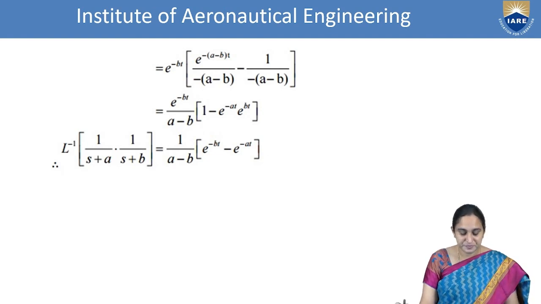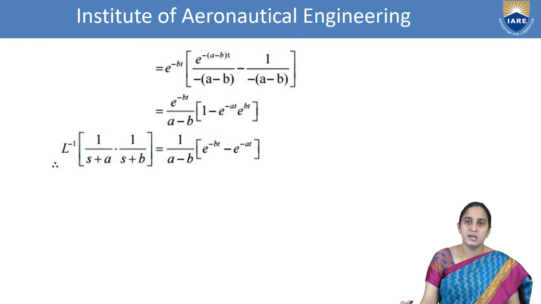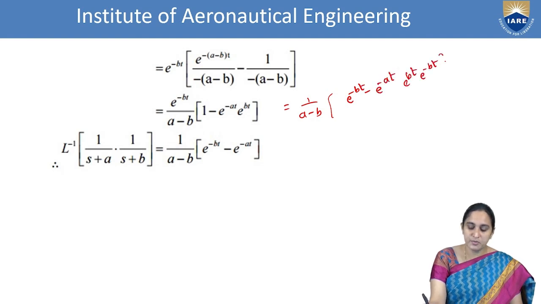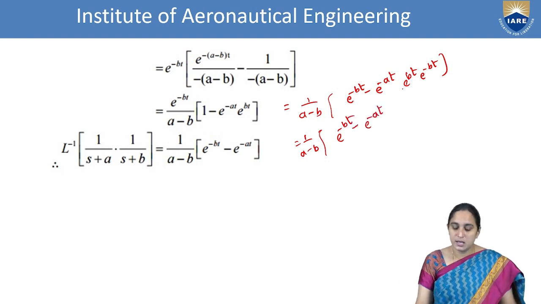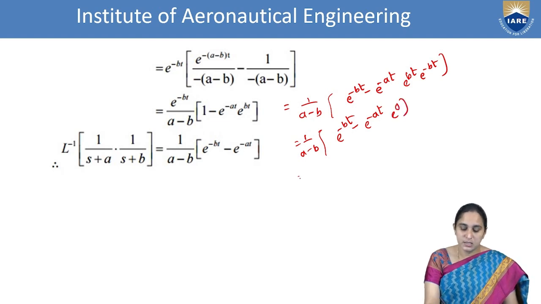Now taking e power minus bt inside the brackets, we get 1 by (a minus b) into (e power minus bt minus e power minus at into e power bt minus bt). Here, e power bt minus bt is e power 0, which is 1.